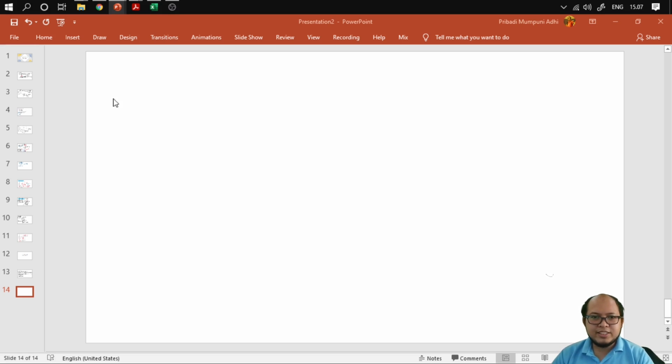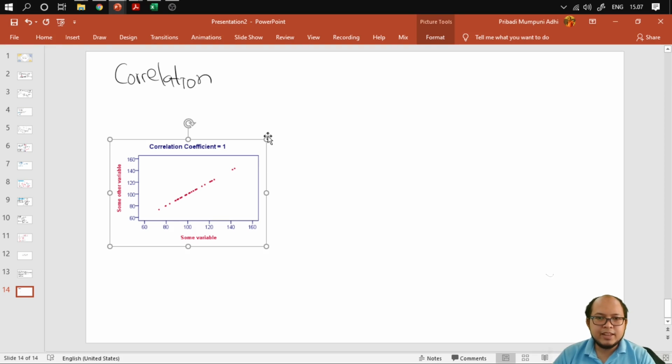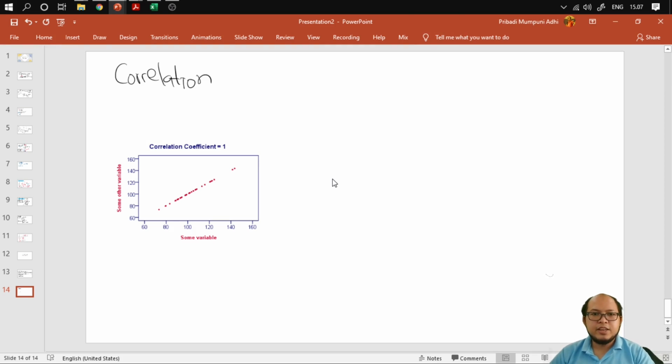So for the correlation here, the correlation can be positive, something like this. This is the positive correlation and equal to 1.